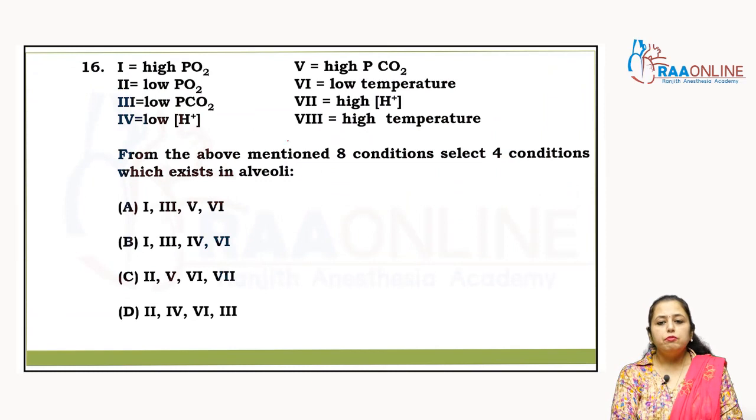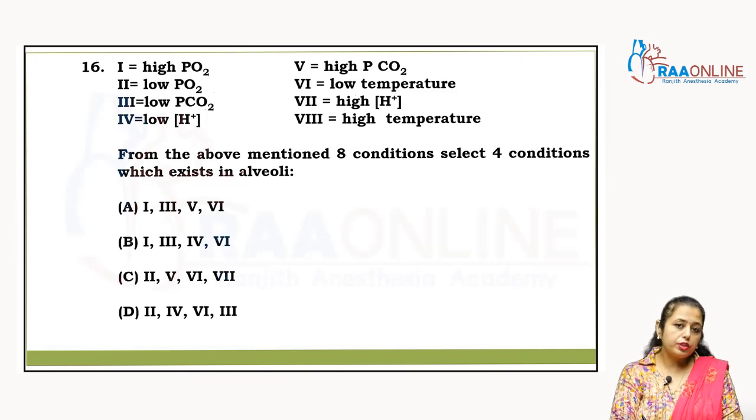From the above mentioned 8 conditions, that is first to 8: high PCO2, high CO2, low PO2, low temperature, low PCO2, high H+ concentration, low H+, and high temperature, right? 4 conditions exist in alveoli. So what conditions exist in alveoli?